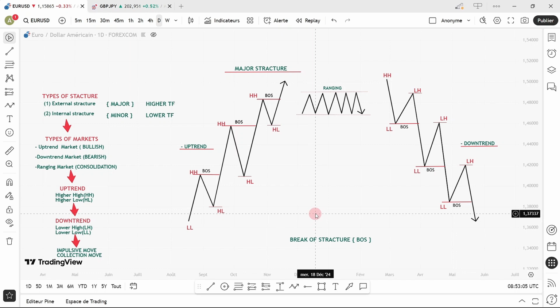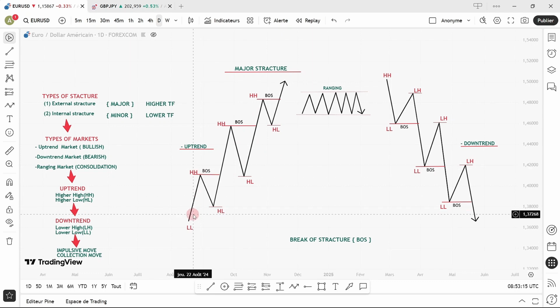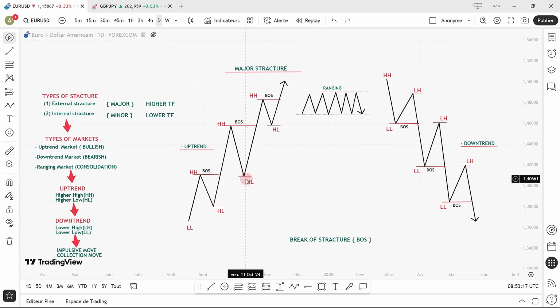So as I was saying, an uptrend or a bullish market is made of a series of higher highs and higher lows. This high is higher than this one. This low is higher than this one. That's why it is called a higher low, because it is higher than this one.